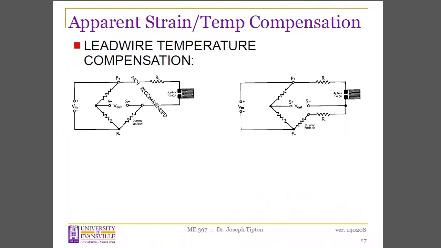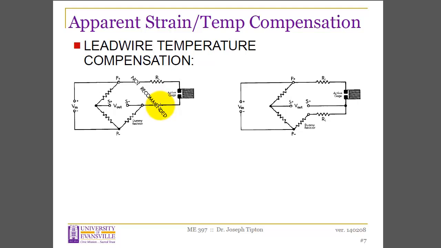At this point, we should also mention an important aspect of temperature compensation on the lead wires for a strain gauge. It's actually not recommended to use just 2 wires to connect a strain gauge to a Wheatstone bridge. On the image here on the left, if you use just 2 wires, well, that wire has its own resistance, RL, lead wire resistance.